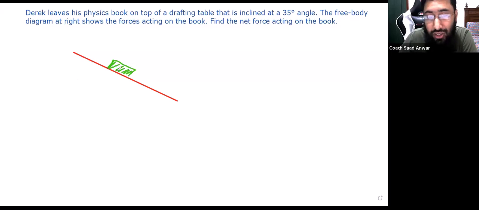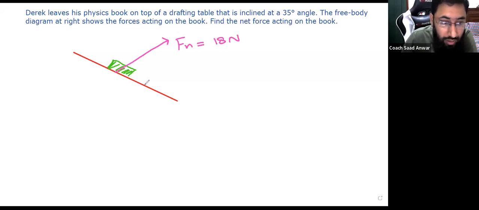And guys, the upward reaction of the table is acting like this along the y-axis. This force, which I am going to call the normal force of the table, Fn, is 18 Newton, given in the question. The downward force, which is the weight of the book, is like this.